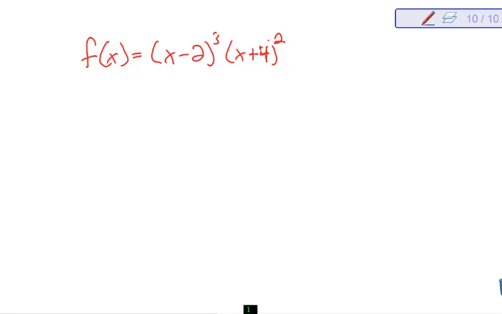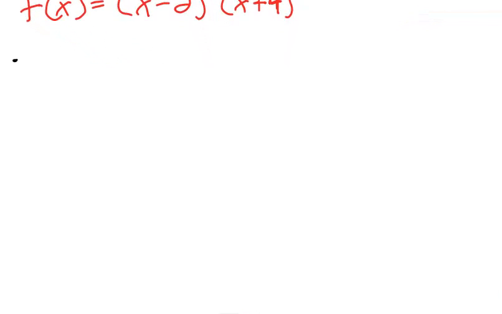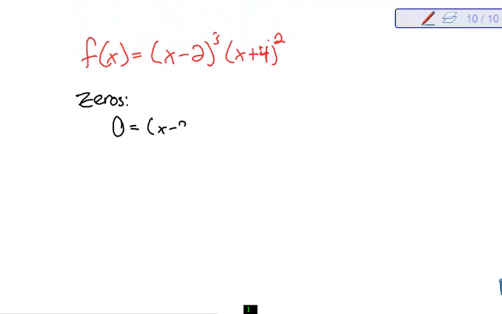When I want to find the zeros of this one, it's already nice. It's already factored for us. To find my zeros, my x-intercepts, remember that is when y is equal to 0. So it's the same thing as setting my equation equal to 0. That should be a 2 times x plus 4 squared.